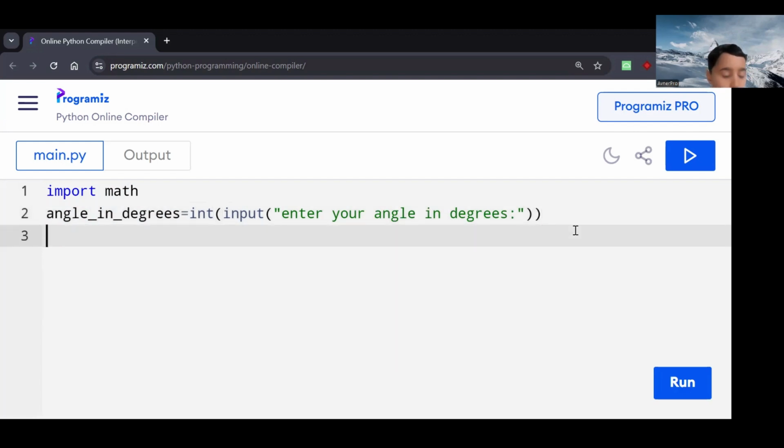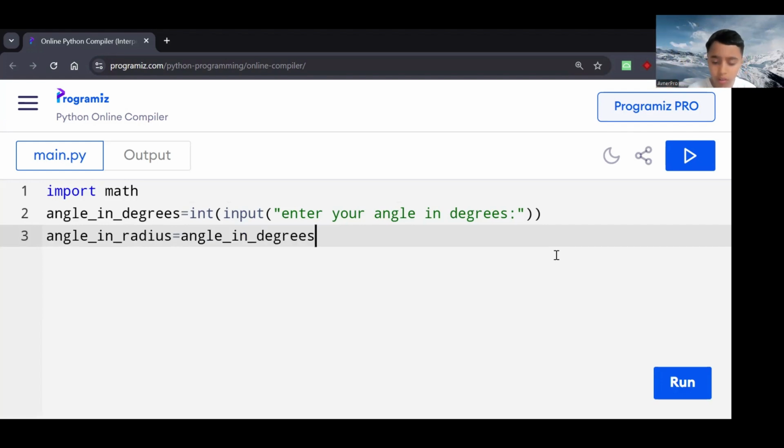Then all we have to do next is just find the angle in radians. So the angle in degrees, right?